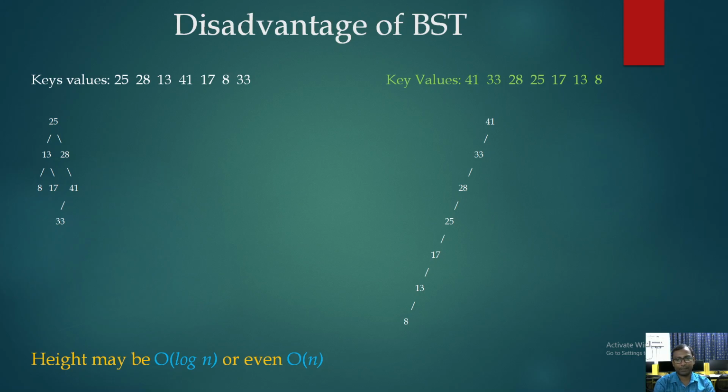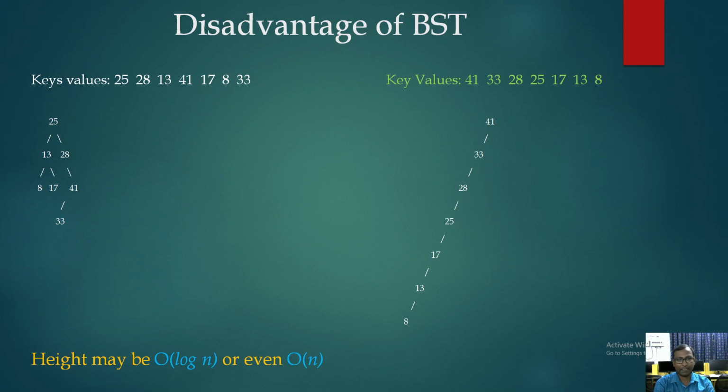But if we look at the right figure, then we will see that the searching, insertion as well as deletion operations have no difference from the linear list, right? So in case of the right figure, the complexity of searching is order of n, but in case of the left figure, the searching complexity for an element is order of log n.